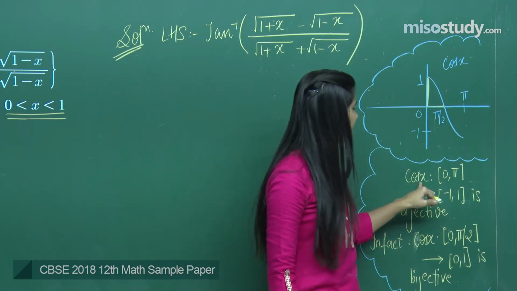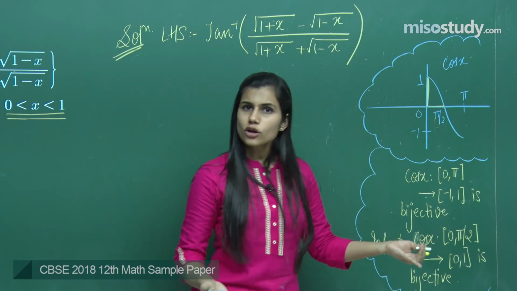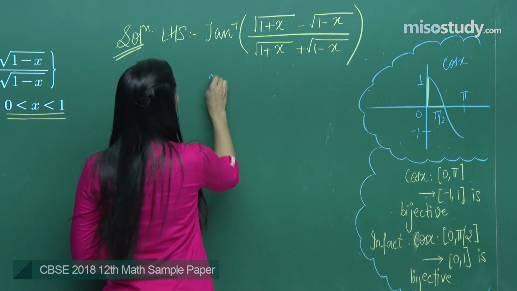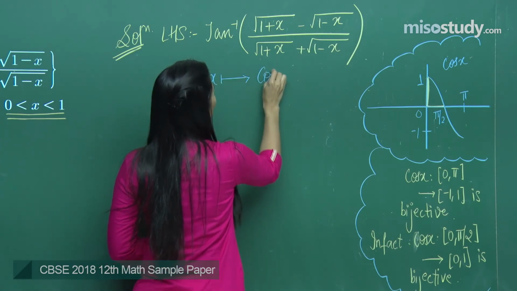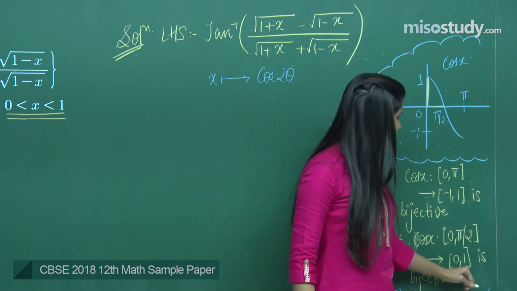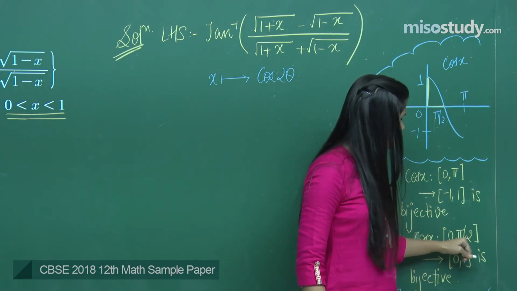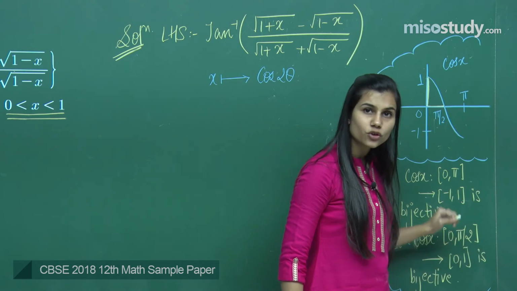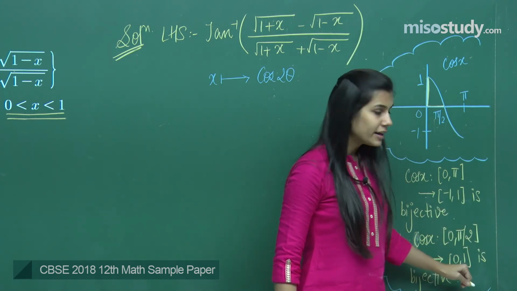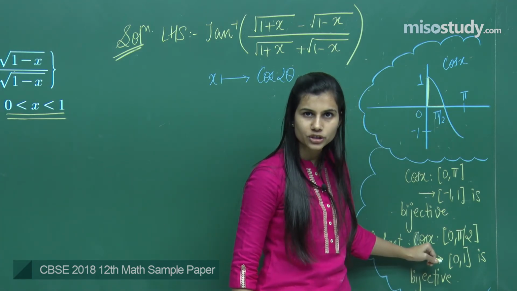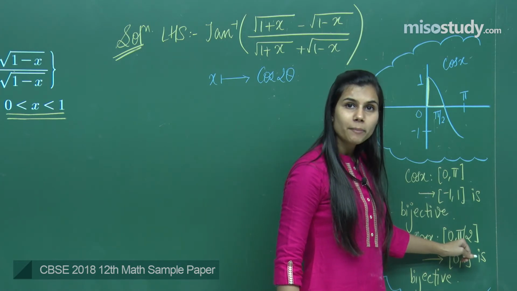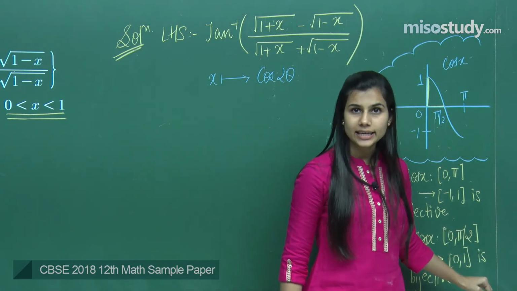So if cos x is behaving in this manner, cos 2x is also behaving in the same manner. Is that correct? And that is why I am going to replace x by cos 2 theta. Because if for every x sitting in 0, 1, there is a theta in 0, pi by 2 such that cos theta is that x, therefore, for every x sitting in 0, 1, if I consider cos 2x as my function, still there is a theta inside 0, pi by 2 such that cos 2 theta is that x.